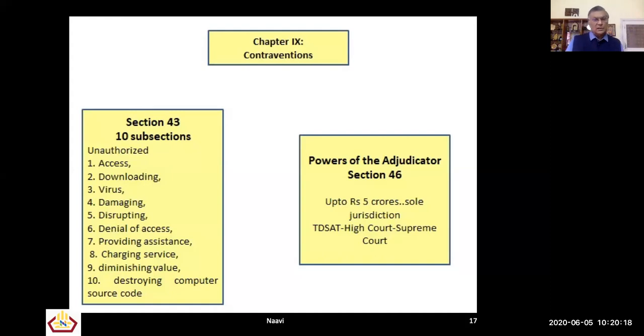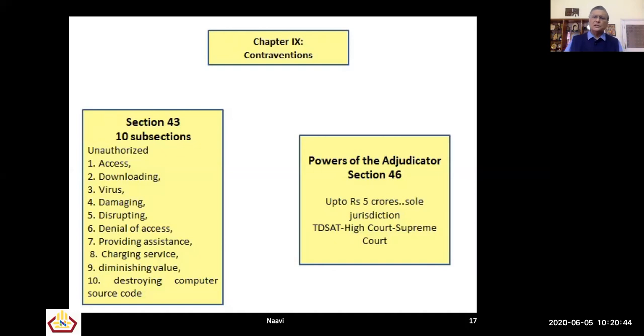Denial of access is an offense. Providing assistance to another person to contravene any provisions of the Information Technology Act is also an offense. Charging of a service to another person, me availing a service and then charging it to somebody else, is also an offense.